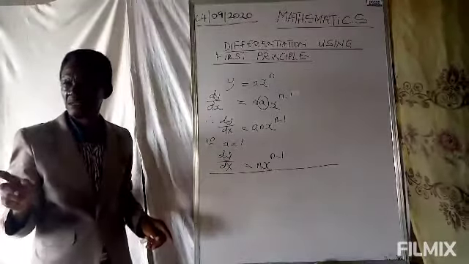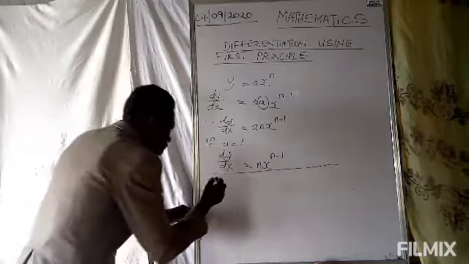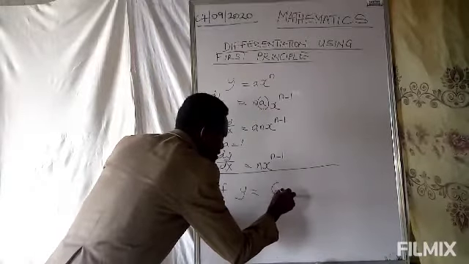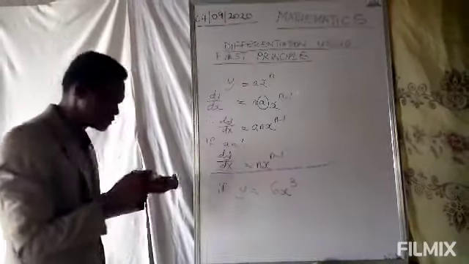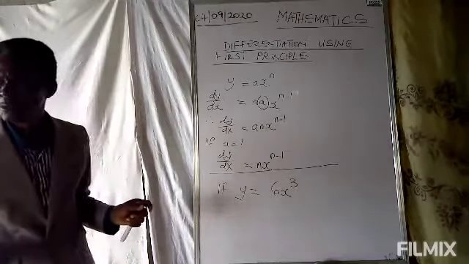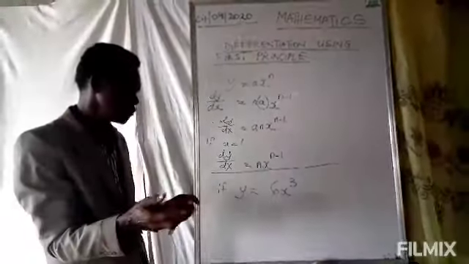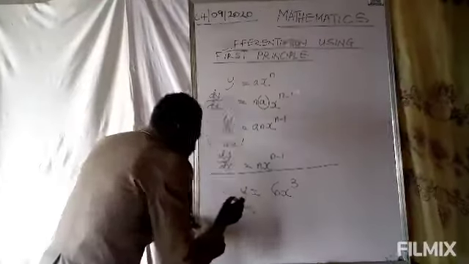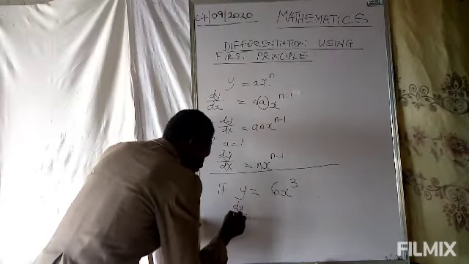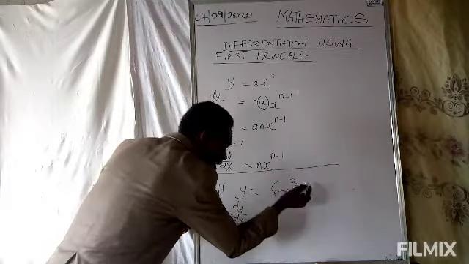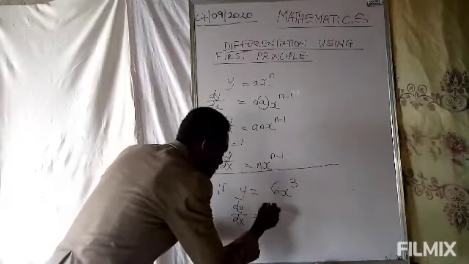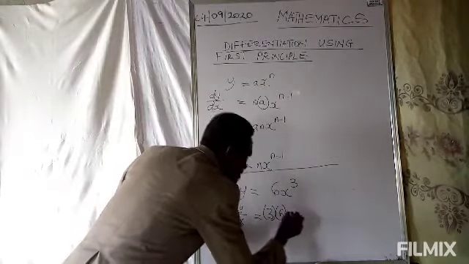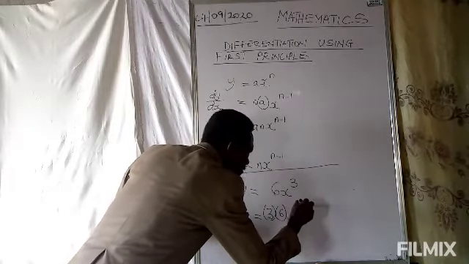So for example, let us give an example. If y is equal to 6x cubed, so what is dy dx? So dy all over dx becomes 3 times 6, then times x to index 3 minus 1.